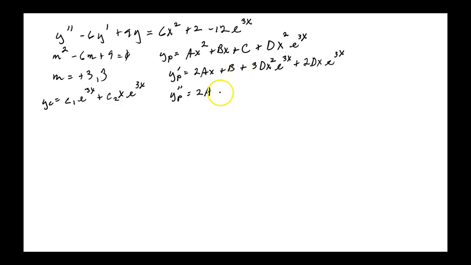2a plus 9dx squared e to the 3x. Whoa, where'd you get that?